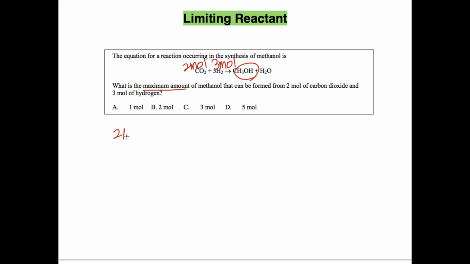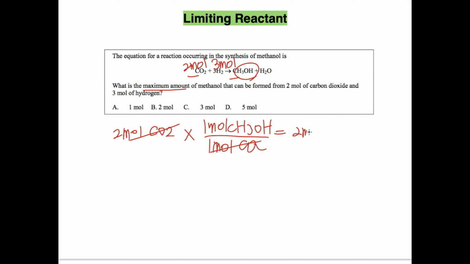reactant. 2 moles of carbon dioxide right here, and it's in a 1-to-1 ratio with methanol. So 1 mole of CO2, 1 mole of methanol. So moles of carbon dioxide will cancel out, and this will give us 2 moles of methanol. Okay, next.